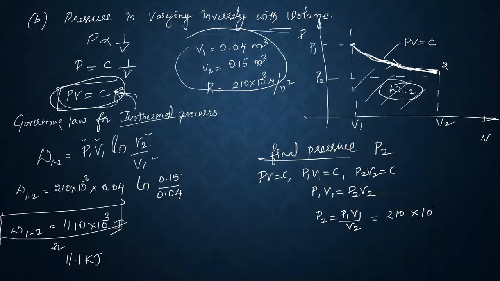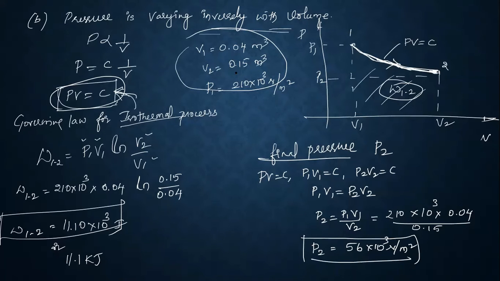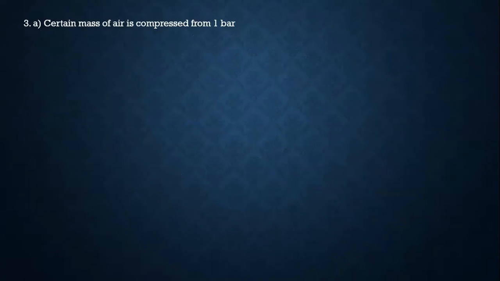Pressure we know, P1 is 210 into 10 to the power of 3, and V1 is 0.04 and V2 is 0.15. Therefore, P2 you will get around 56 into 10 to the power of 3 Newton per meter square. Look at the P1 210, and this is 56 kilopascal. Yes, this is the solution.